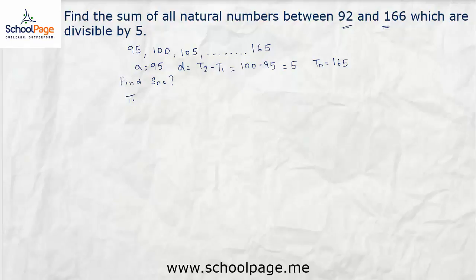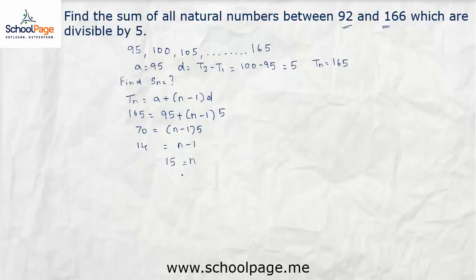For this we will use Tn is equal to a plus n minus 1 d. So 165 equal to 95 plus n minus 1 into 5. Solving this, we get 70 equal to n minus 1 into 5, or n minus 1 equal to 14. n is equal to 15.